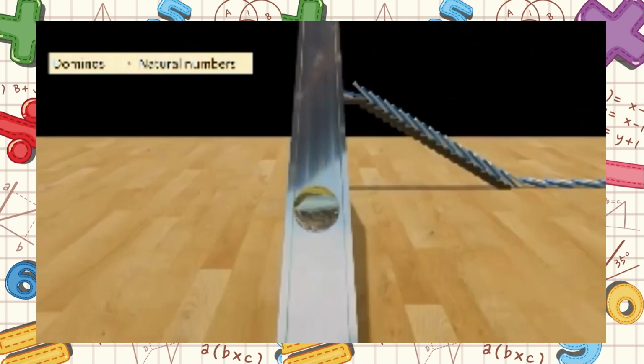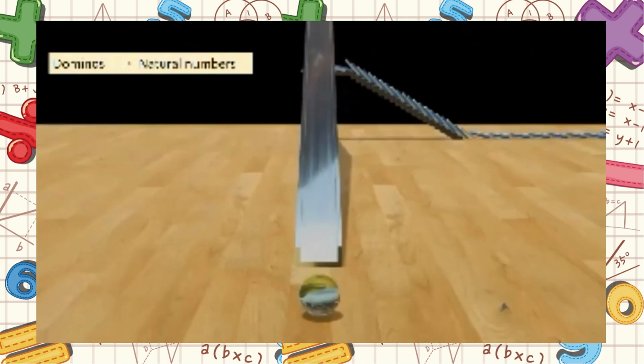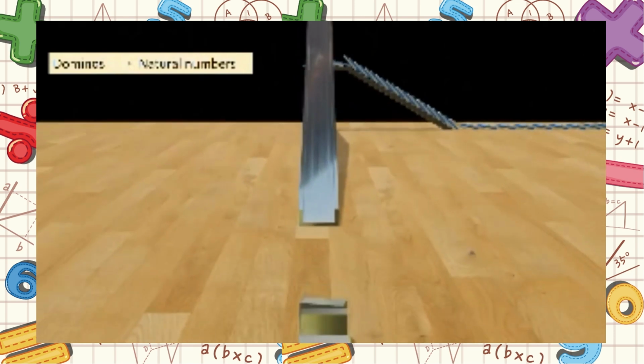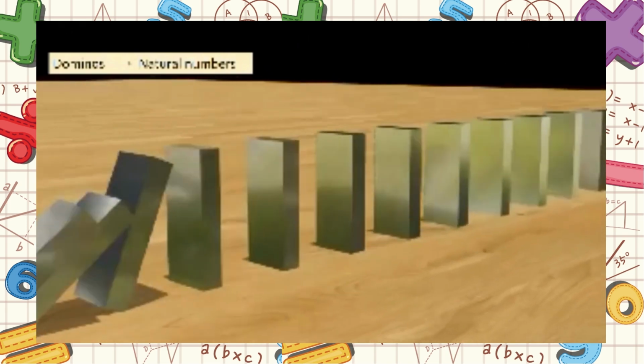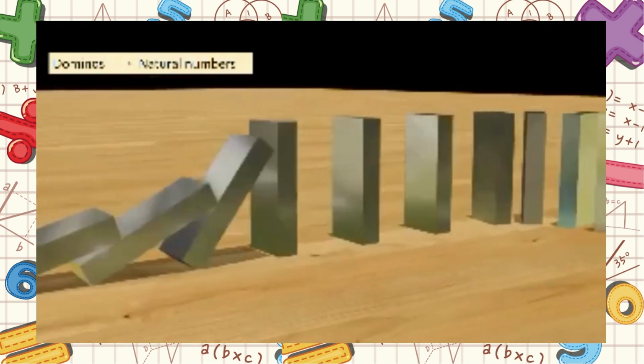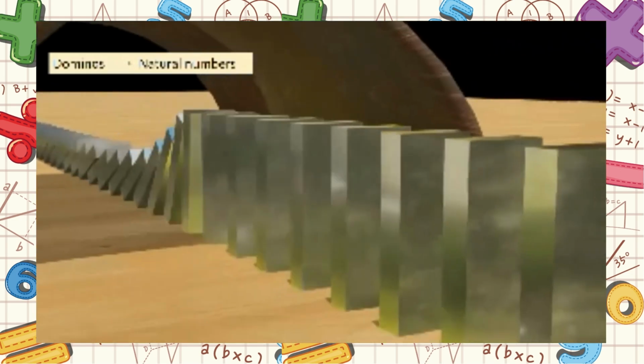But are we sure that when we push one domino, it will knock off the next one? In this analogy, if these dominoes are natural numbers, how sure are we that when we take a number as a premise, it will hold true for a statement that we want to prove? Okay, so let us check.